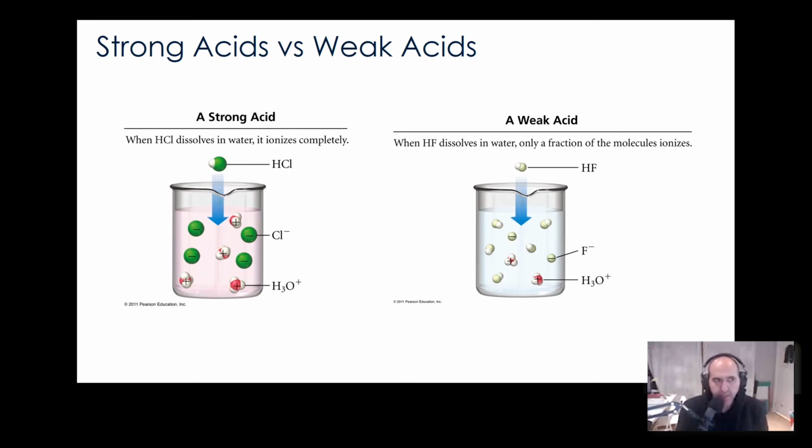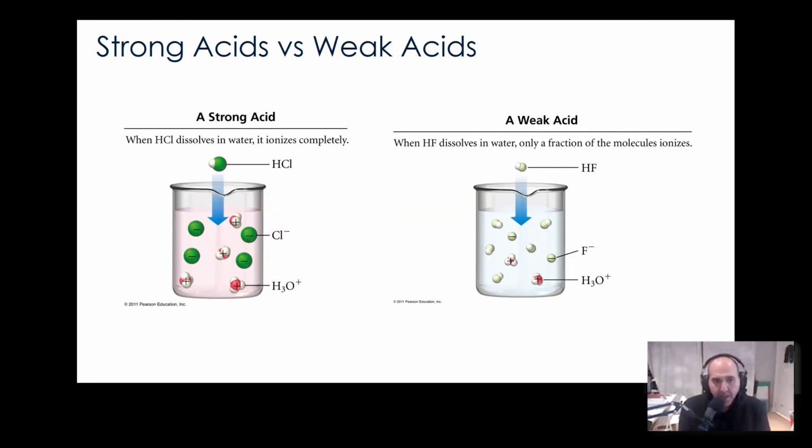I'm going to use H plus and H3O plus interchangeably, depending on the context. So a strong acid ionizes completely in water. There are no molecules of the acid left, only the ions.